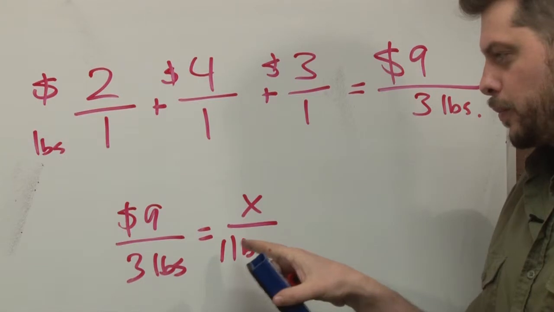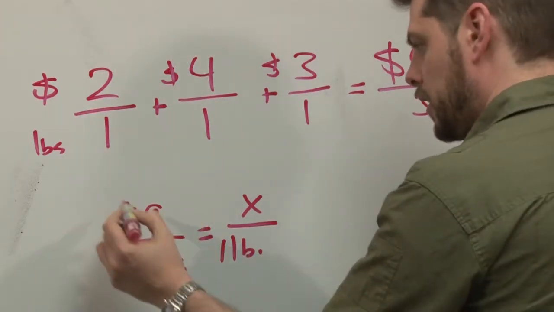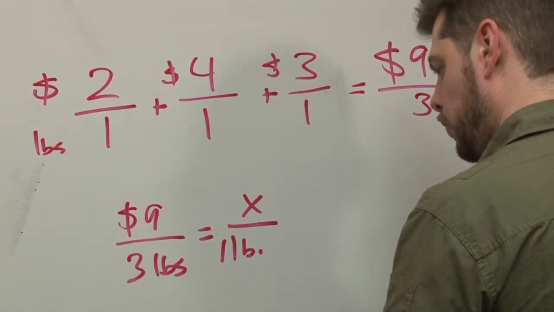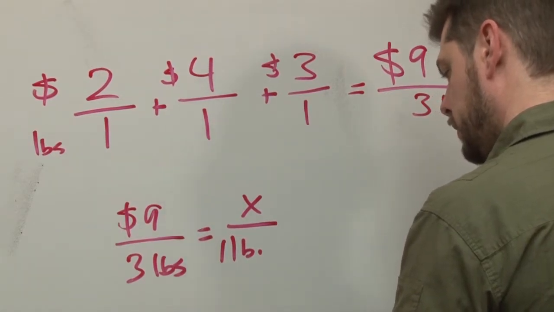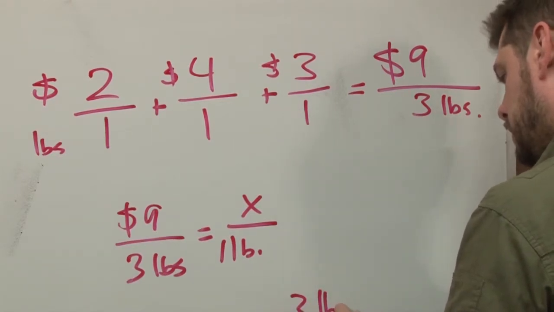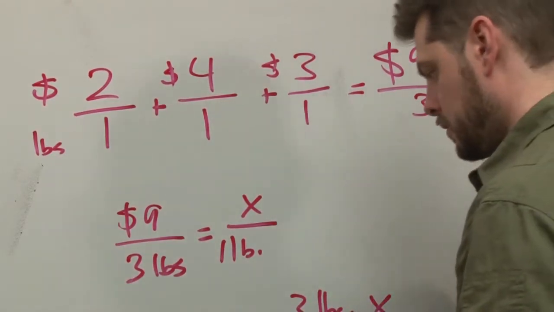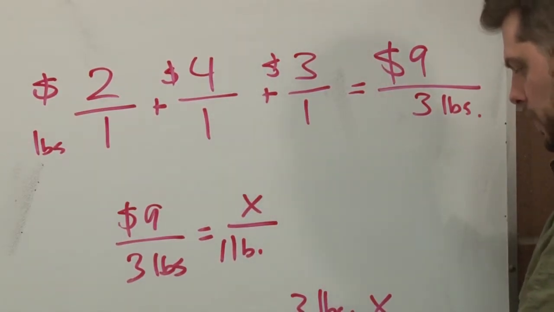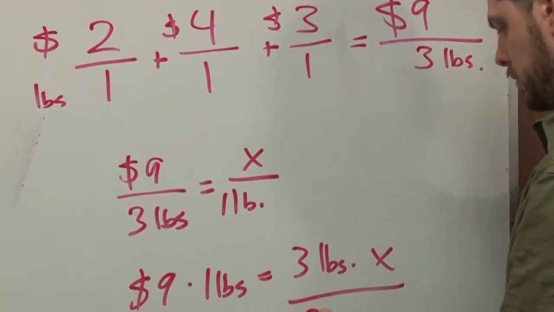You may have seen this sort of relationship before. This is simple. We just cross multiply. So here we're going to go $9 times 1 pound will equal 3 pounds times X. And when I get X all by itself, it means that I divide both sides by 3 pounds.